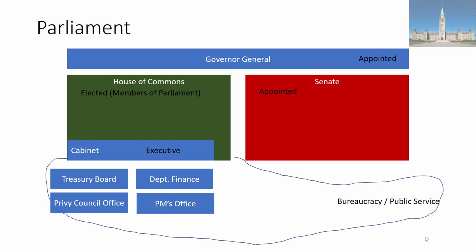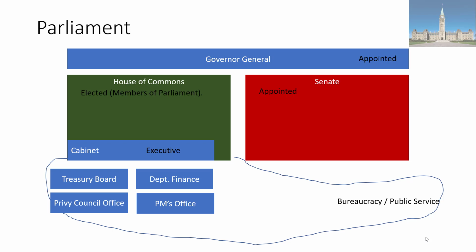These 4 government departments are slightly more important than other government departments because they can tell other departments what to do or how to do it. One way to think about these 4 agencies is that they are in the middle of a wheel, and out from them you have spokes or tentacles that connect to all of the other government departments and agencies.